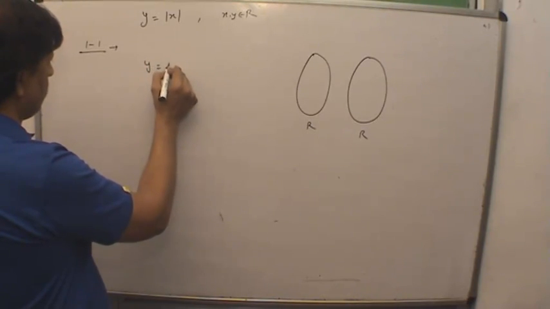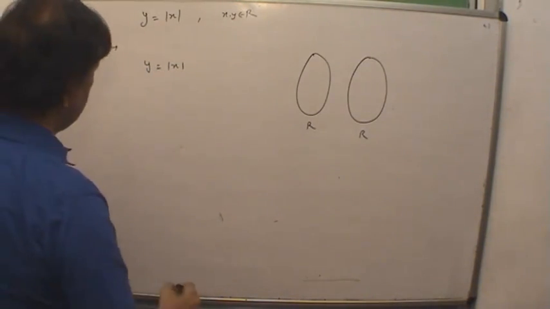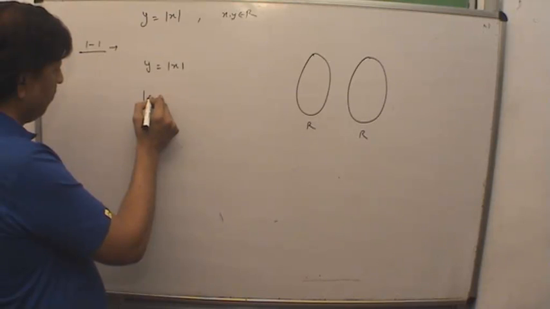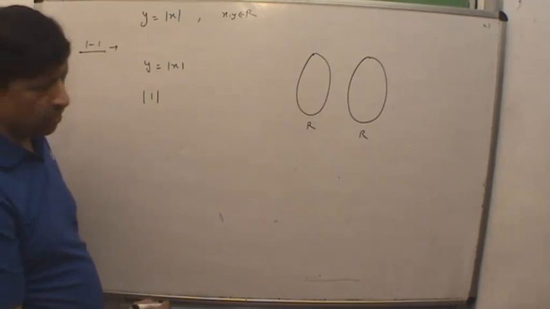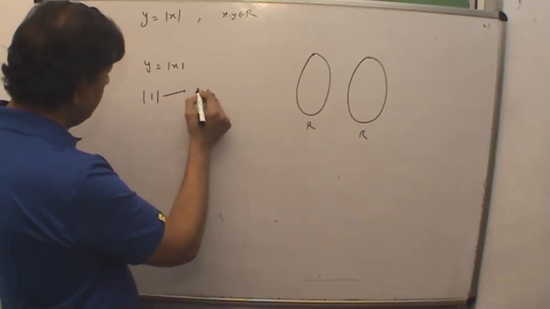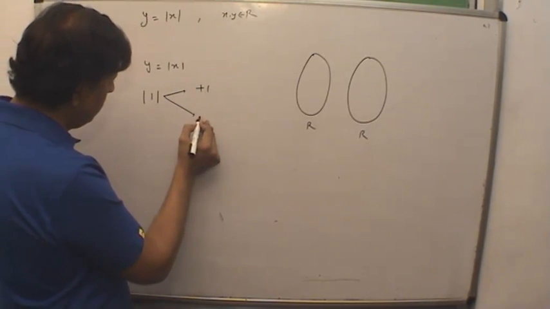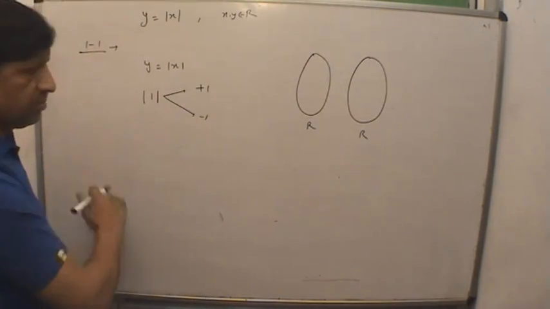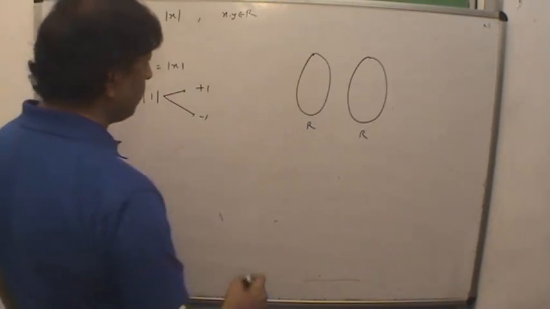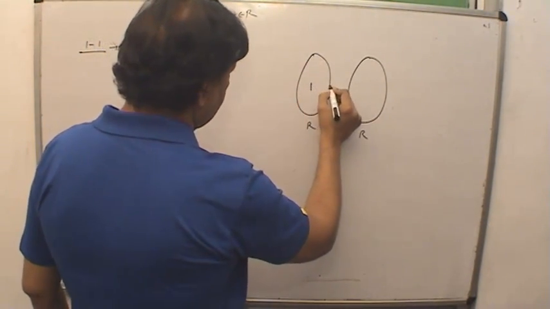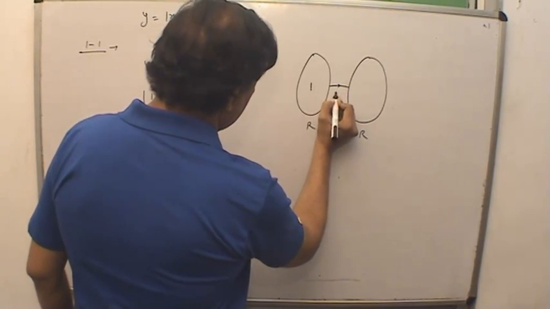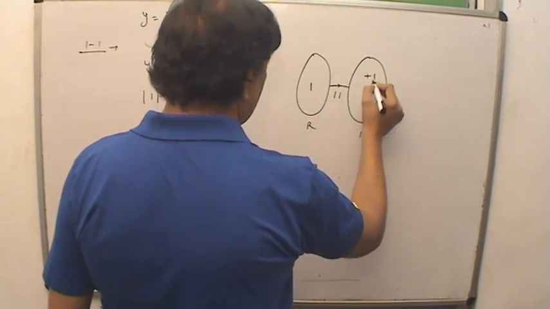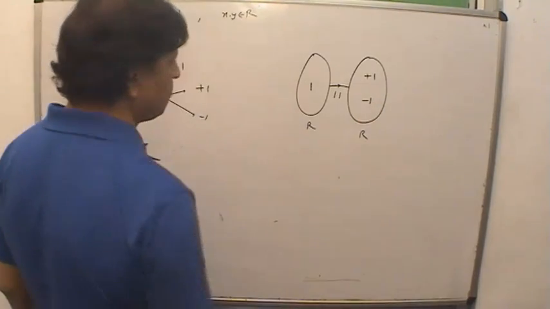Y is equal to modulus of x. It means if we take the value of x, modulus of 1, that may be positive 1 or minus 1, because the modulus of both these numbers is again positive. Or we can say, if we consider the member 1, here the function is modulus, then 1 has images plus 1 and minus 1.